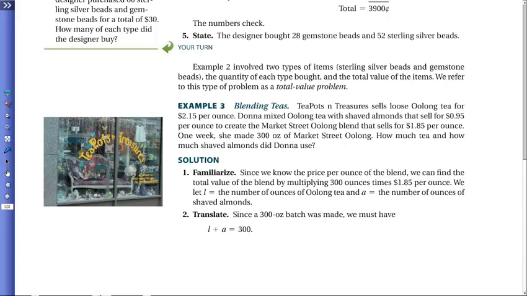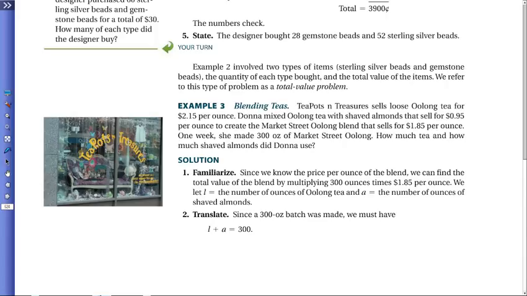The price per ounce is going to go down from the oolong tea price because the shaved almonds cost less. Well, then it says one week she made 300 ounces of this mix, a blend of teas, Market Street oolong. How much tea and how much shaved almonds did she use?